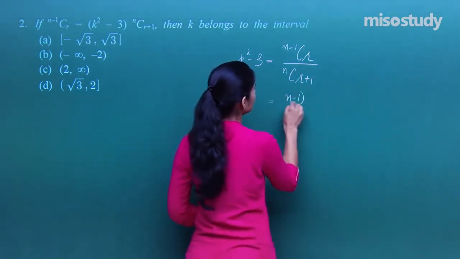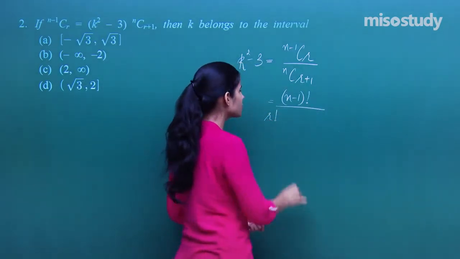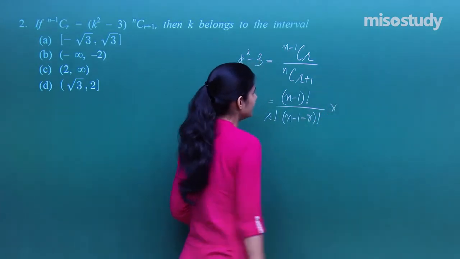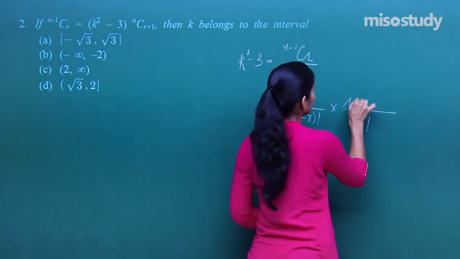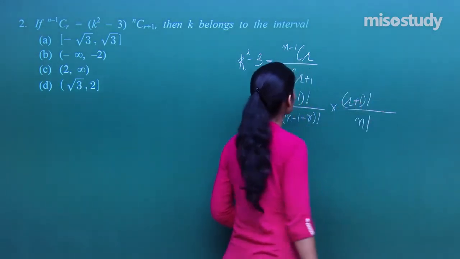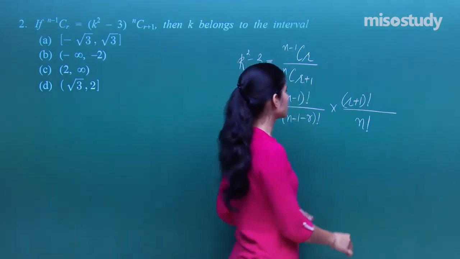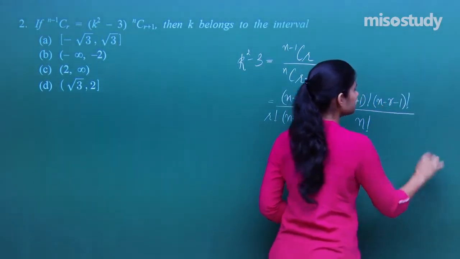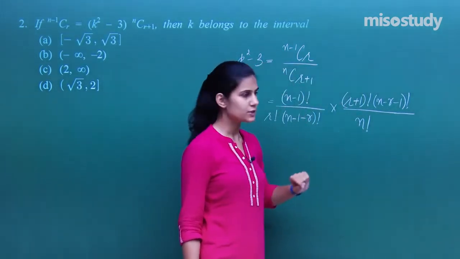This is (n−1)! / [r!·(n−1−r)!], divided by n! / [(r+1)!·(n−r−1)!]. Right? Because it is n − (r+1), which is n − r − 1.